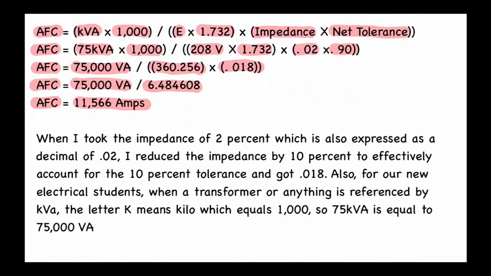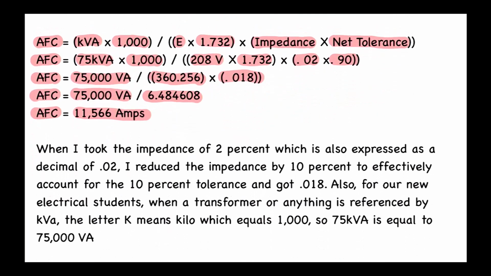So let's continue here. I got some other things in our textbook that I'm going to read to you. When I took the impedance of 2%, which is also expressed as a decimal of 0.02, I reduced the impedance by 10% to effectively account for the 10% tolerance and got 0.018. Also, for our new electrical students, when the transformer or anything is referenced by kVA, the letter K means kilo, which is equal to 1,000.